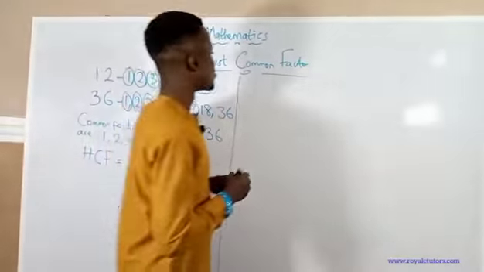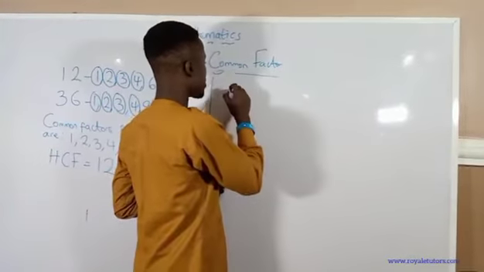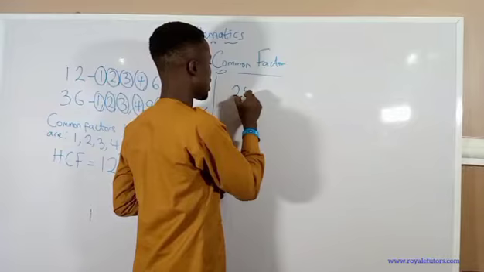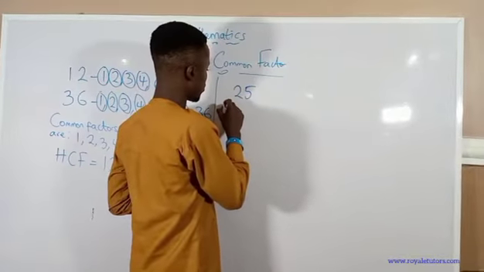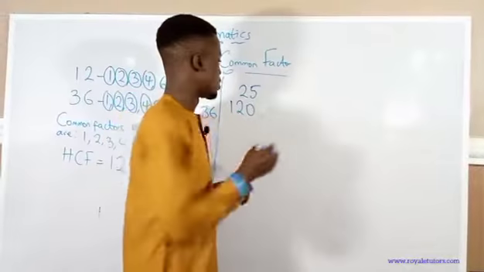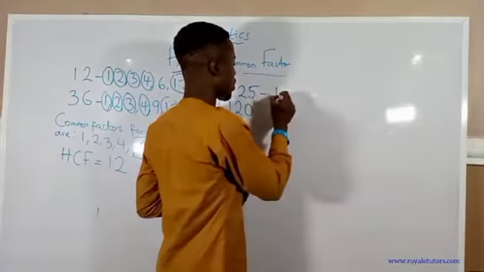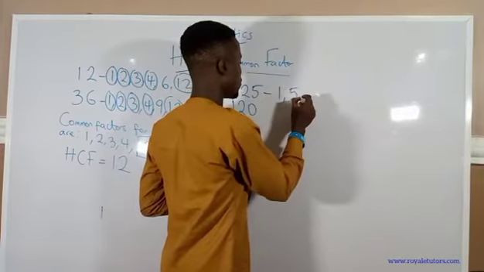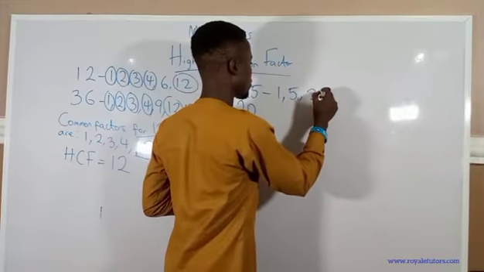So if you have two numbers, let's say 25 and 120. What are the factors of 25? You have 1, 5, and 25.